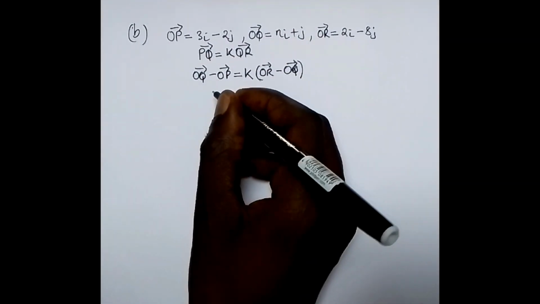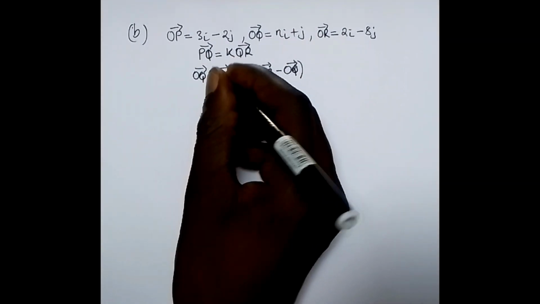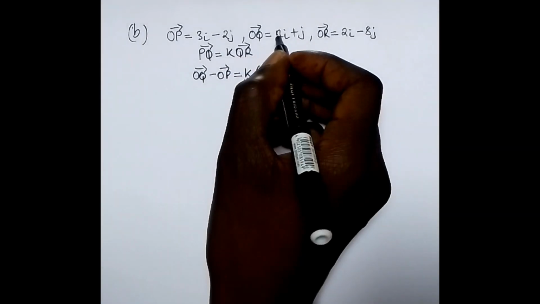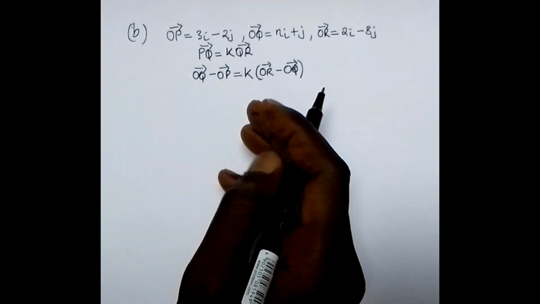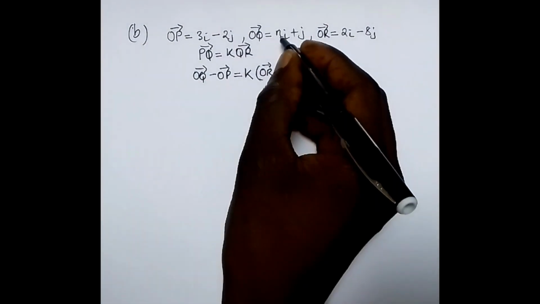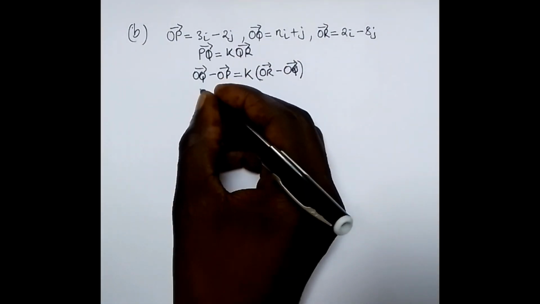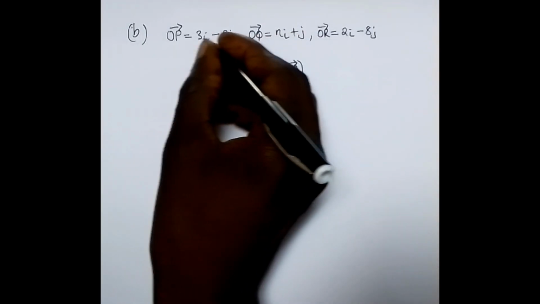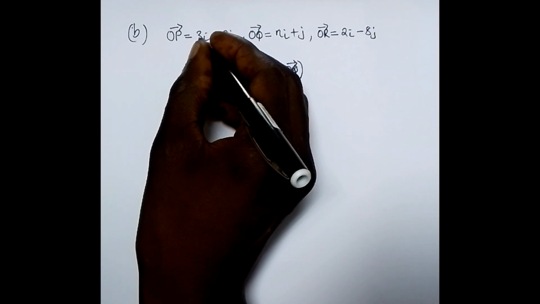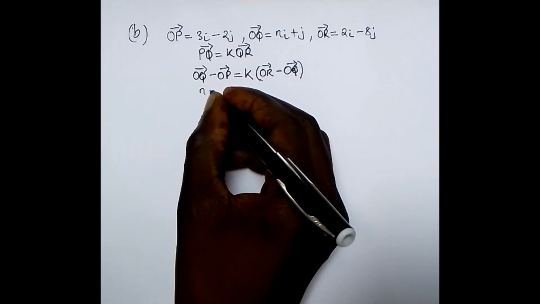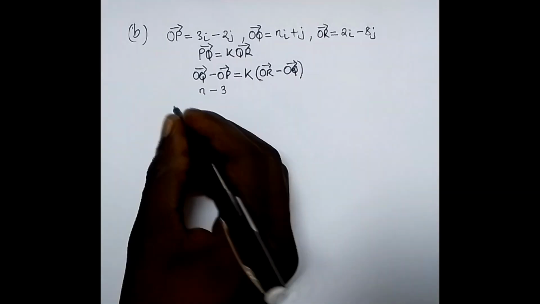So on the left side, what are we getting here? We're going to show the subtraction in terms of components. So we start with the n. I will show this in terms of column vectors. So n will subtract with 3. n is x, and here 3 is x on OP. So n minus 3.